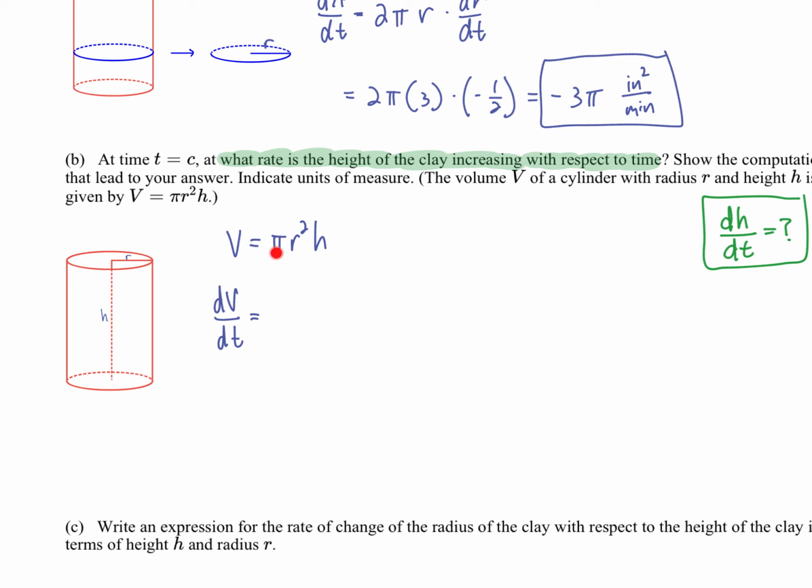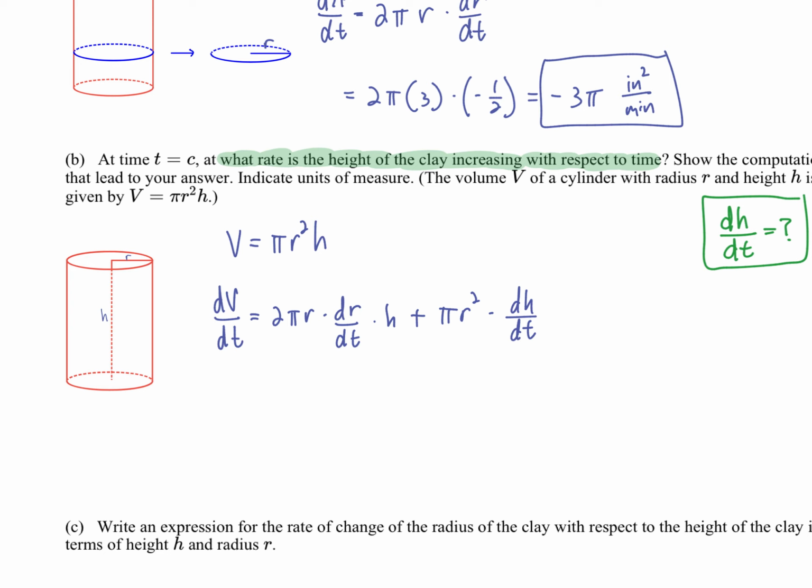I'll consider pi r squared to be one function in the product rule and h to be the other. The derivative of pi r squared is 2 pi r dr/dt, and that's times the height, plus pi r squared, the first function, times the derivative of h with respect to time, dh/dt.